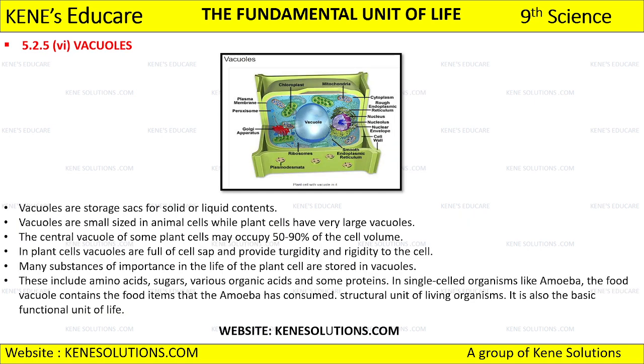Then after plastids, we discussed vacuoles, like what exactly vacuoles are. And always remember that plant cells have bigger vacuoles and animal cells have smaller vacuoles. And the main function of a vacuole is that it acts as a storage sac. Okay.